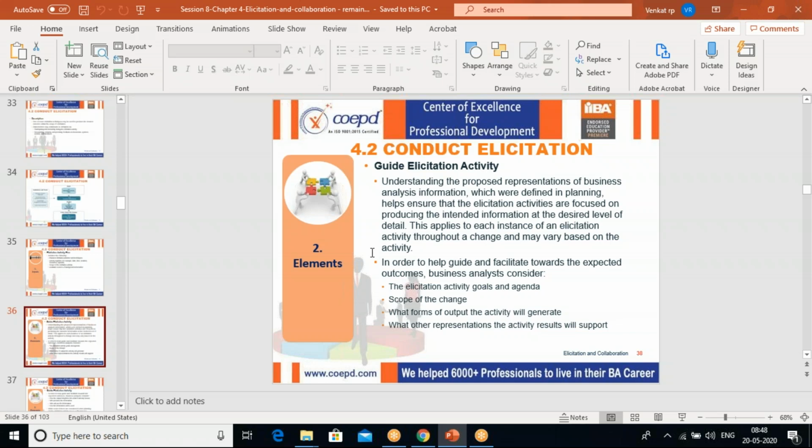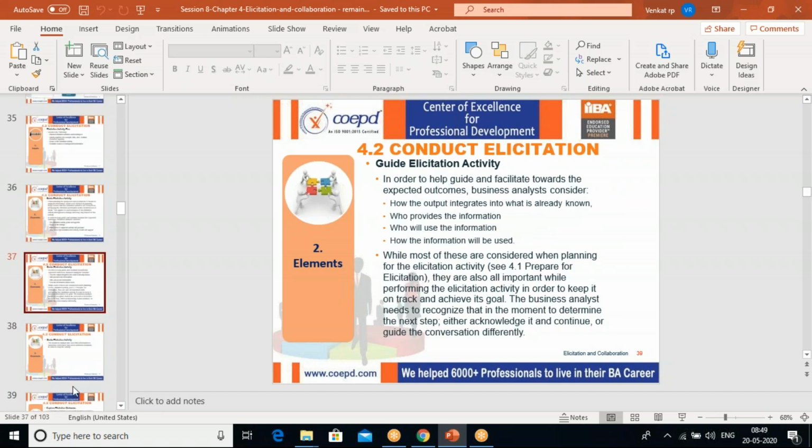We have to understand the elicitation activity goals and agenda, the scope of the change, what forms of outputs the activity will be generating, and what other representations the activity results will be supporting. What we do here has an impact on the other activities as well. We have to understand that.